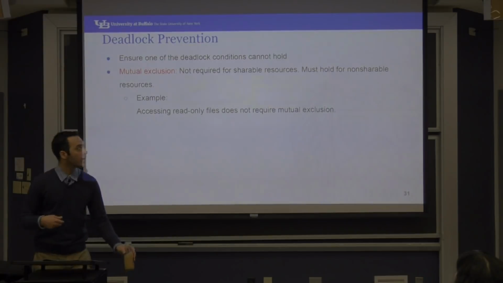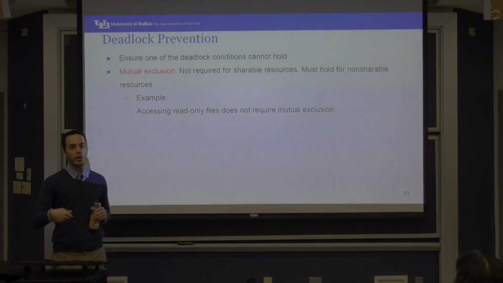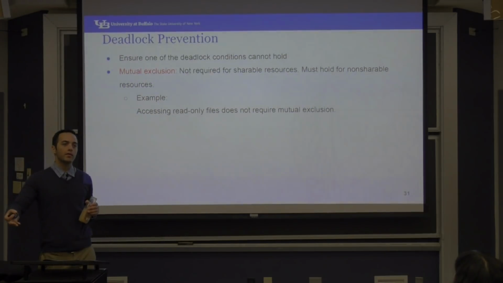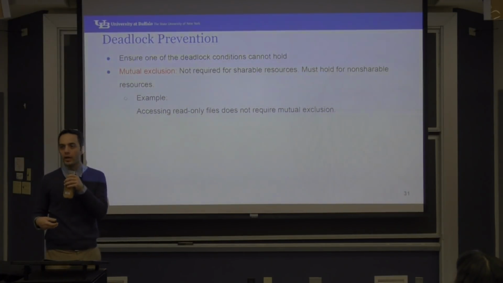An example is accessing read-only files. They do not require mutual exclusion, right? So there is no deadlock involved with a read-only file. How many other processes want to access it? It can be any number. There is no problem with that. So can you make all the files read-only?